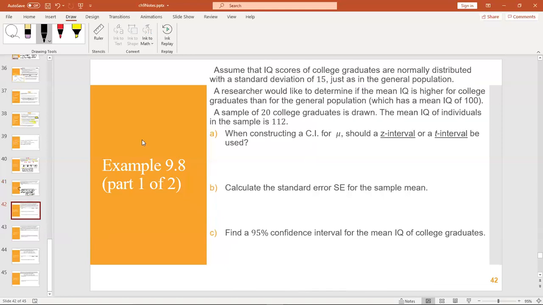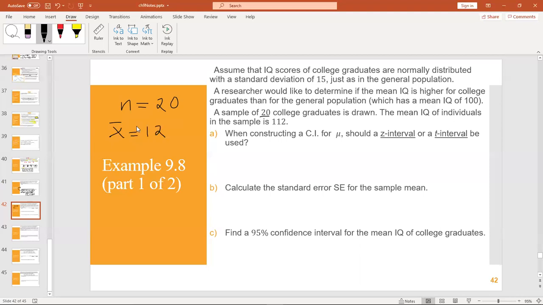Assume that IQ scores of college graduates are normally distributed with a standard deviation of 15, just as in the general population. A researcher would like to determine if the mean IQ is higher for college graduates than the general population. We have a sample of 20 college graduates. The mean of the sample is 112. So N is 20, X bar is 112.